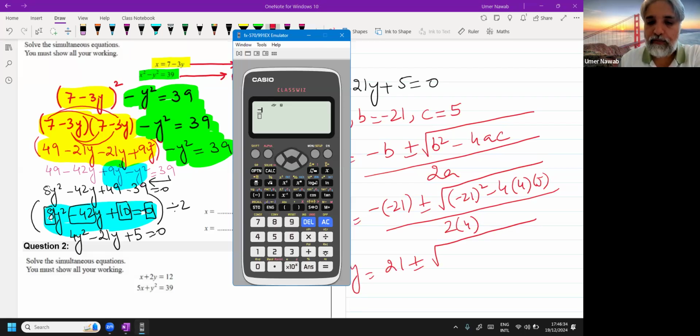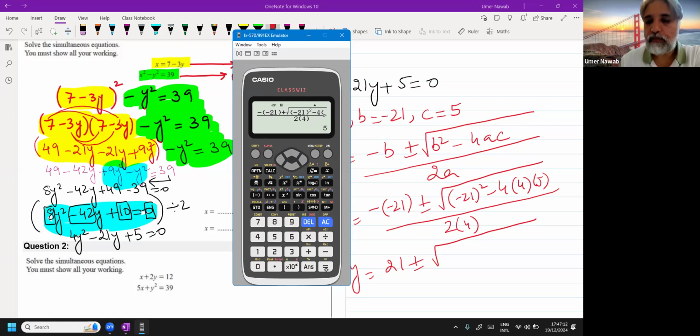You write here negative, bracket open, negative 21, close the bracket, use plus first time, and then write a square root, bracket open, negative 21, bracket close, squared, minus 4, bracket open, 4, bracket close, bracket open, 5, bracket close, bring the cursor down, 2 times 4.